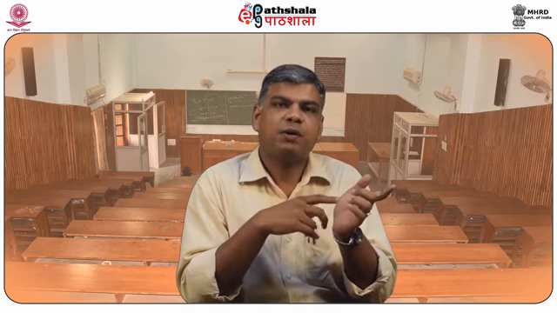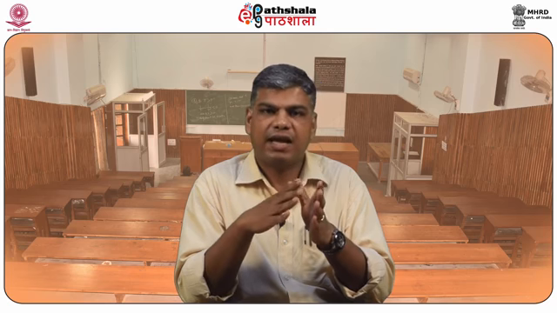The dimensionality of the column would depend on the values that M can take for a given J. That is, the different values that the magnetic quantum number can take for a given value of the angular momentum number J. For example, for J equal to half, M can take two values, plus half and minus half. It has two elements labeled by M equal to plus half and M equal to minus half.